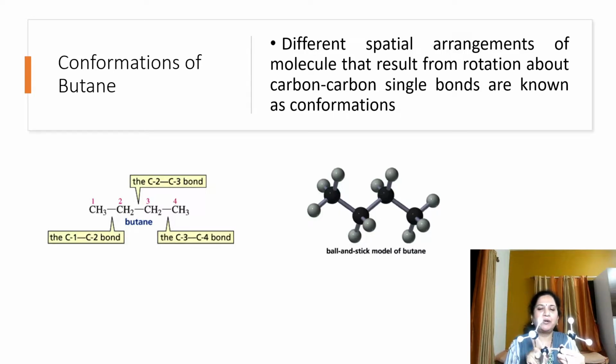So these 4 black balls are 4 carbon atoms, and as you can see the terminal 2 carbon atoms are attached to 3 hydrogens each, and the middle 2 carbon atoms are attached to 2 hydrogens each.